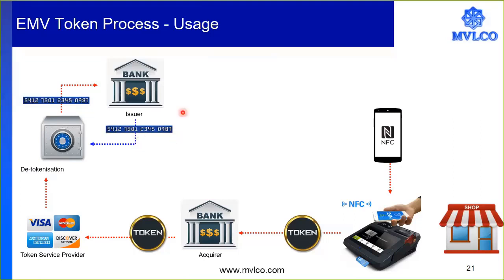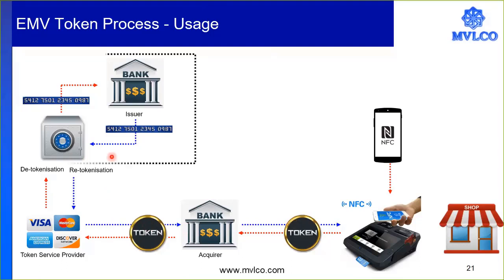So as far as this process flow is concerned, it would still use your primary account number and not the token value. However, on its reverse path from my token vault or token service provider till the end of the merchant, I would re-tokenize it using the token details. So what would flow back are the token details and not the original primary account number.